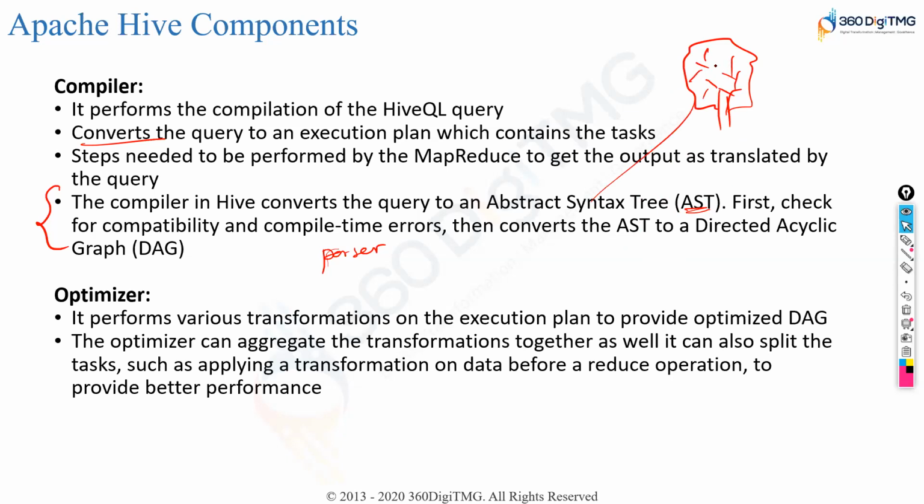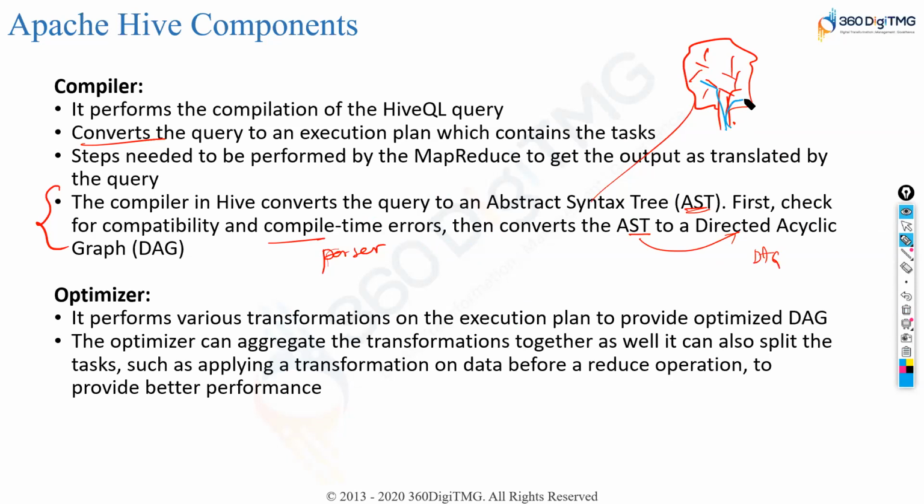Now, out of all these steps that we are trying to build on abstract syntax tree, we'll have to see which approach is correct, which approach is wrong, right? For that, we are checking the compile time errors. So parsing and compiling time errors both are verified here. Then once that is done, we replace AST with DAGs. We call it DAGs, directed acyclic graph. So out of all this AST, we'll say that, you know what, this code would be better, right?